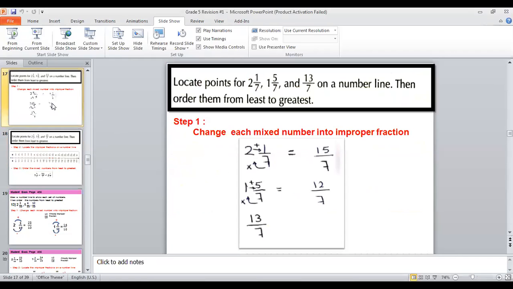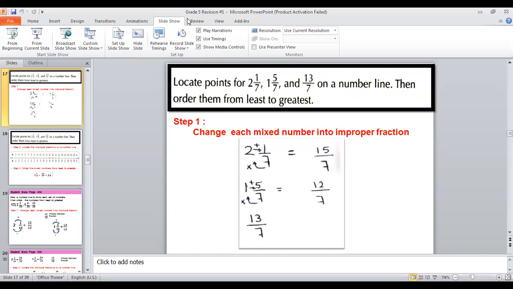Where did the 13 over 7 come from? This is actually the question that gave me 13 over 7. Okay, and why and how, I don't understand step one, how is the answer 15 over 7? It's a mixed number.